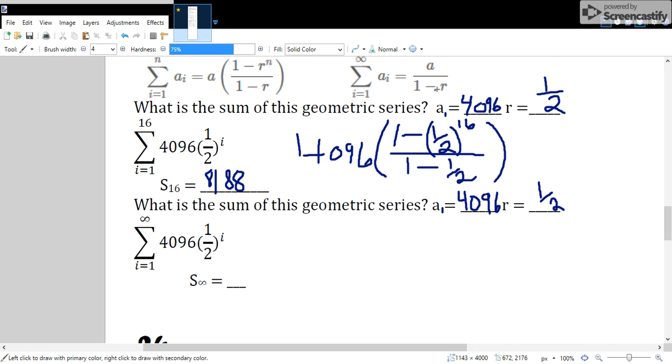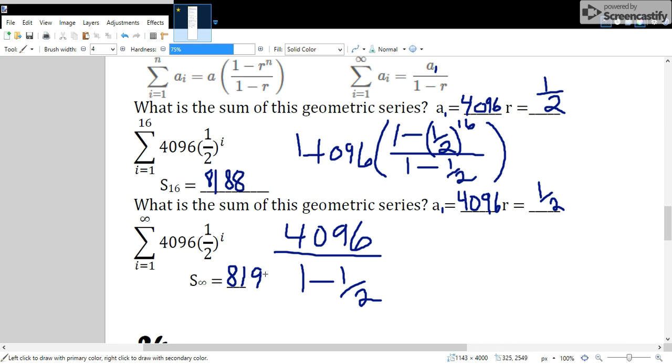And then we'll put it in this equation. So our A1 is 4096 all over 1 minus 1/2. And if you put that into the calculator, you should get about 8,192.